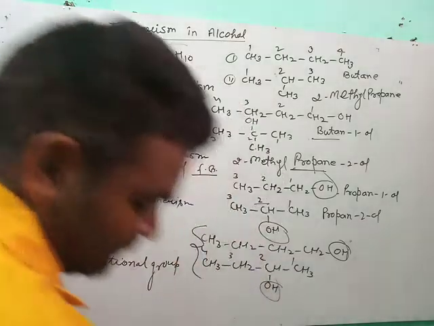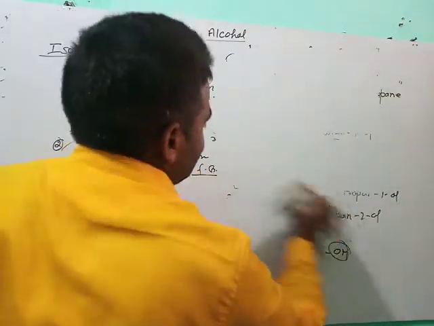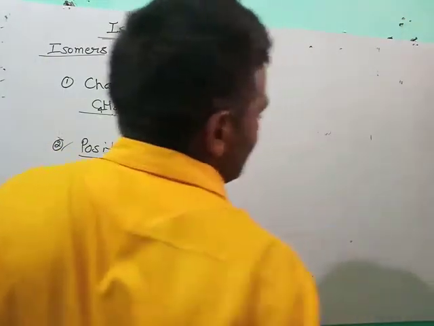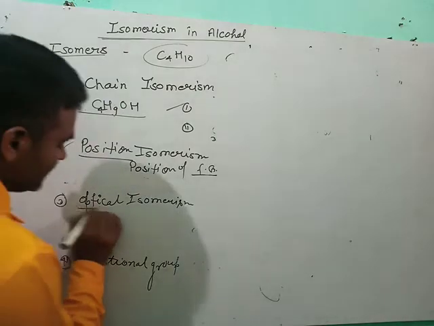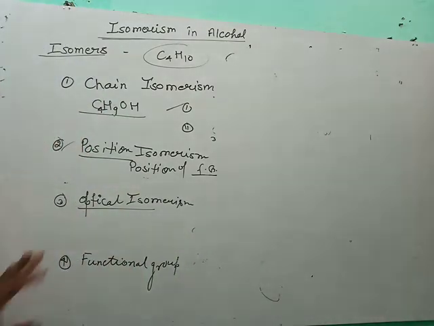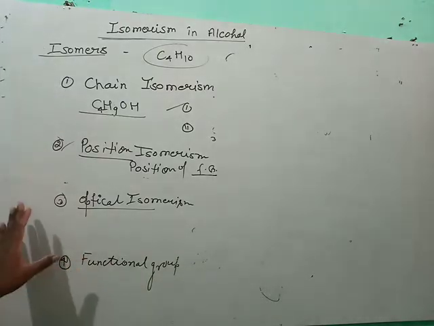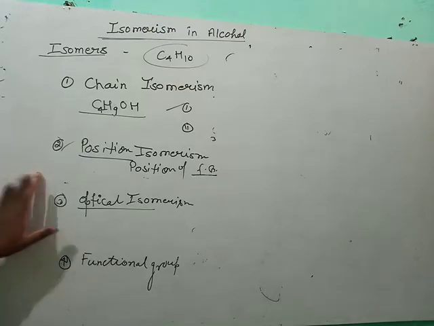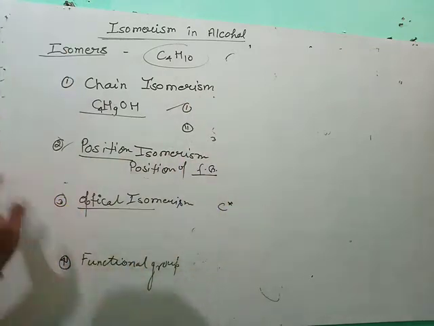Now third is optical isomerism. Optical isomerism is related with stereoisomerism. A compound in which at least one chiral carbon is present shows optical isomerism.